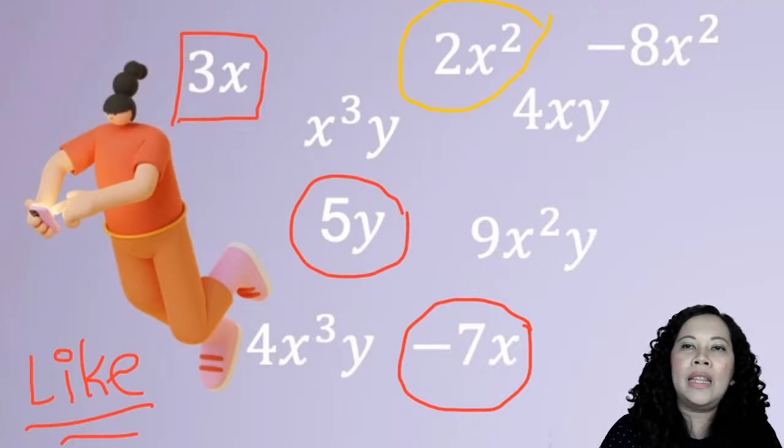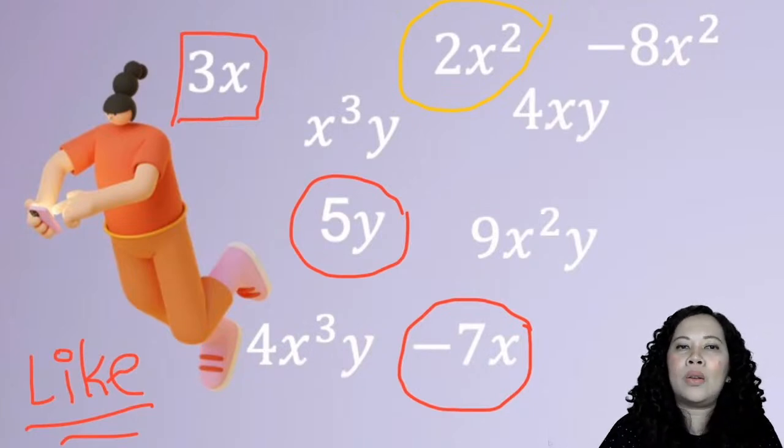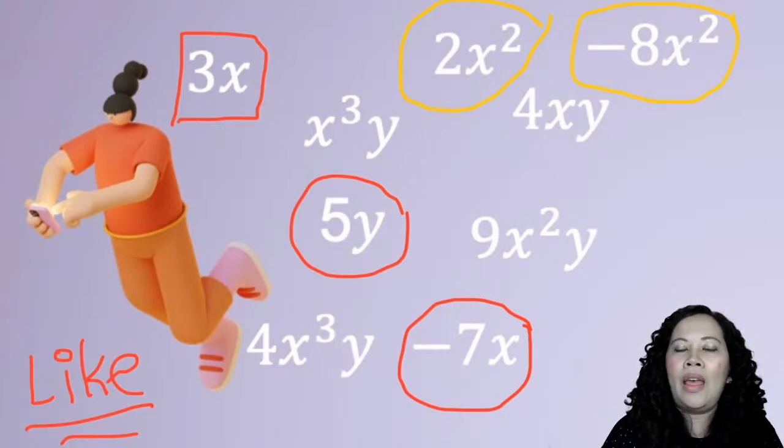Is there anything that is the same with 2x squared? So 2x squared, like terms of this will be negative 8x squared. That means both of those terms have x squared. Okay, so 2x squared, negative 8x squared, they are considered to be like terms.